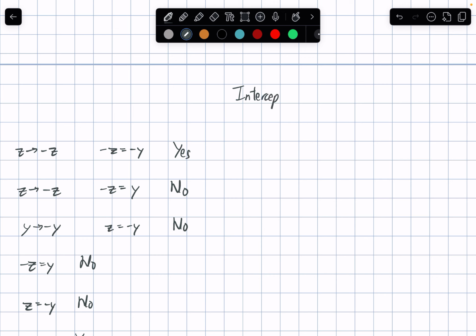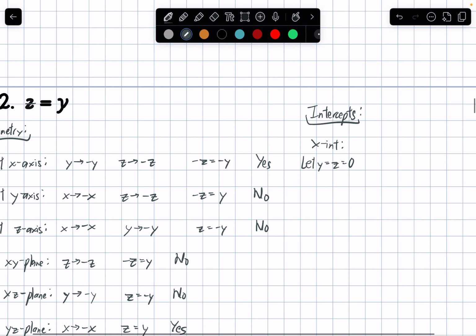Next, intercepts. Okay. I don't like how this z is written. Let me rewrite that. z is equal to 0, and then y, oh, y is equal to 0 also.